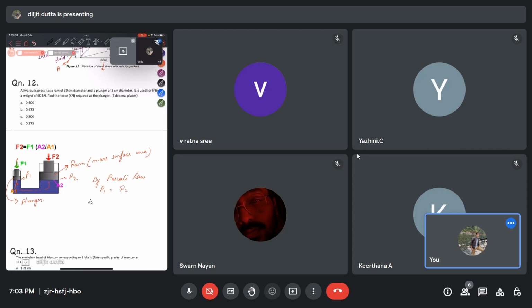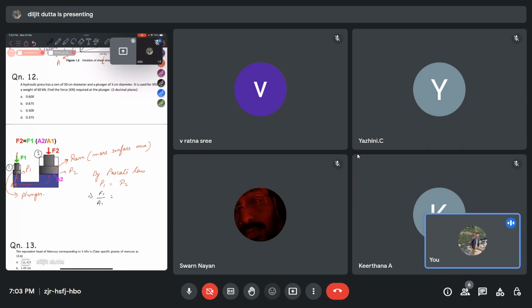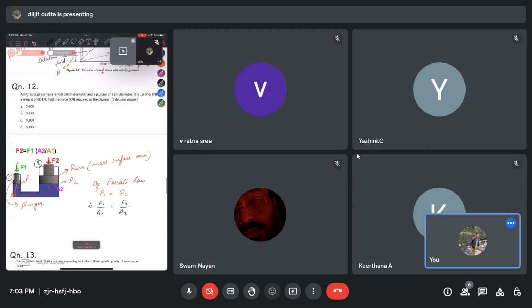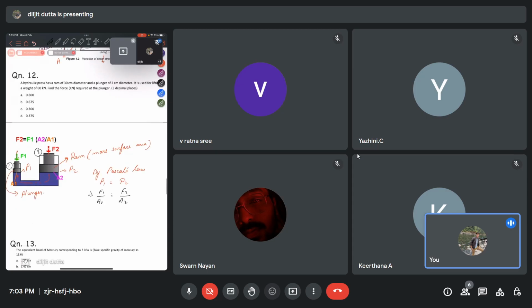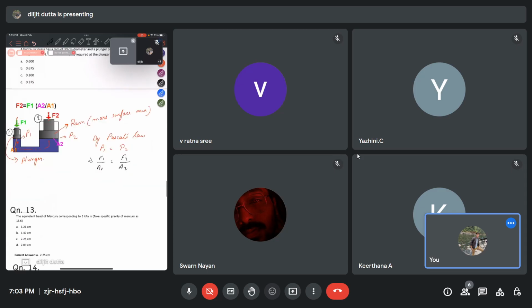Pressure is force per unit area, so force applied on 1 divided by area 1 equals force applied on 2 divided by area 2. Now what is given? We are given a hydraulic press ram of 30 centimeter diameter, so we can find A2.